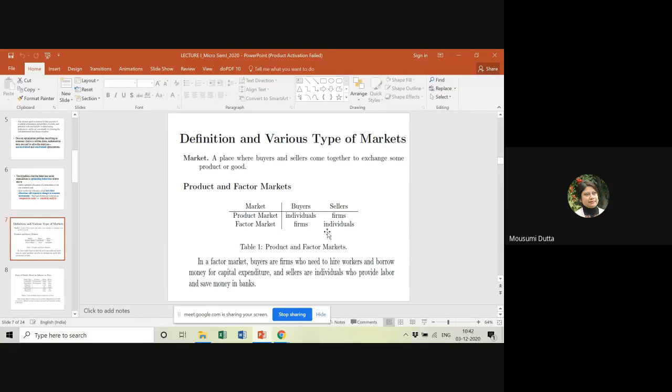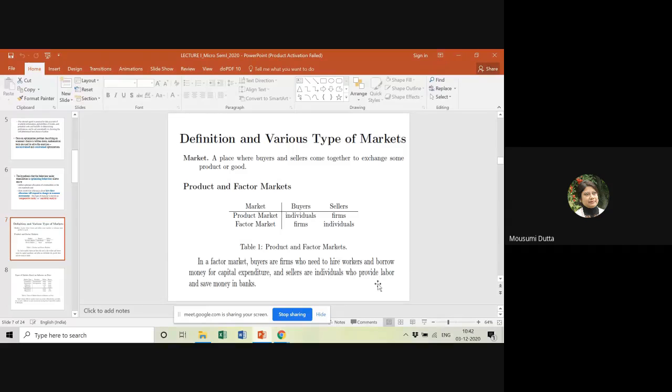So these individuals are selling labor or leasing land, etc., and against this, getting money from the firms. This money we are saving or spending in the commodity market. So we are becoming buyers in the commodity market in that way.